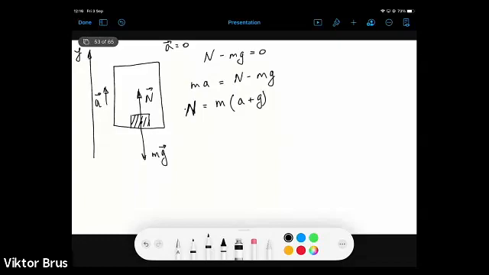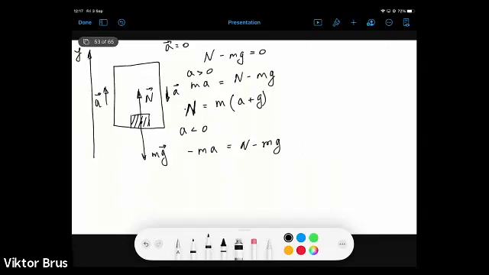So if we have acceleration of the system which is pointed downwards, then we can write for a, so this is for a larger than 0, this is for a smaller than 0, minus m times a equals n minus mg.